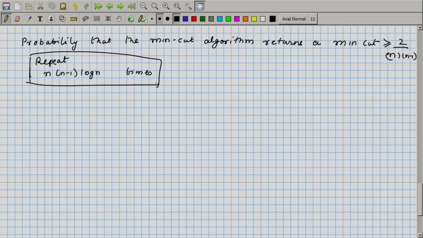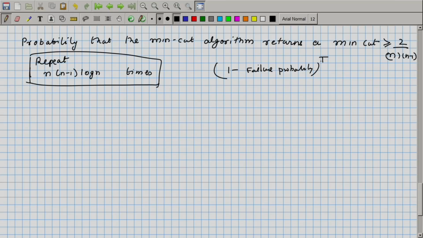Repeat these many times, and amongst all these repetitions, find the cut which has the smallest number of edges. That is our final algorithm, and its probability of success is going to be at least 1 minus the failure probability raised to t, where t is the number of times we iterate.